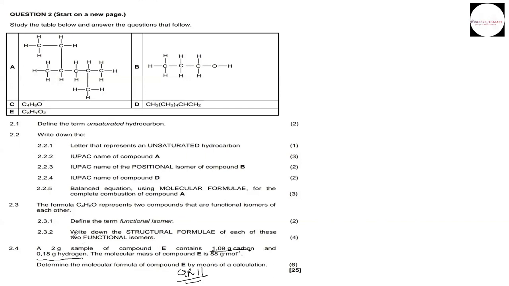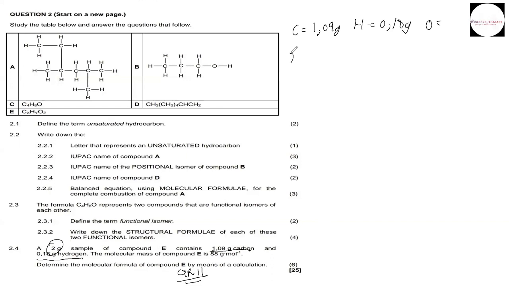Remember, the 2 gram must be formed out of the elements carbon, hydrogen, and oxygen. Now, if you have carbon is 1.09 gram, and then you have hydrogen is 0.18 gram, you can see that adding the 2 does not amount to the 2 gram. So that means you must ask yourself, what is the value of the oxygen?